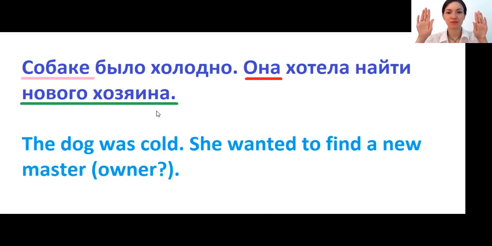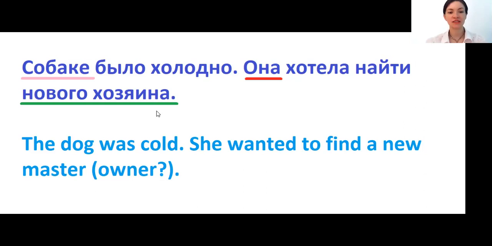For example, let's say a new wallet, новый кошелек. It's nominative, right? And if you want to say she wanted to find a new wallet, она хотела найти новый кошелек. If we talk about inanimate things, the nominative case is the same as the accusative case.